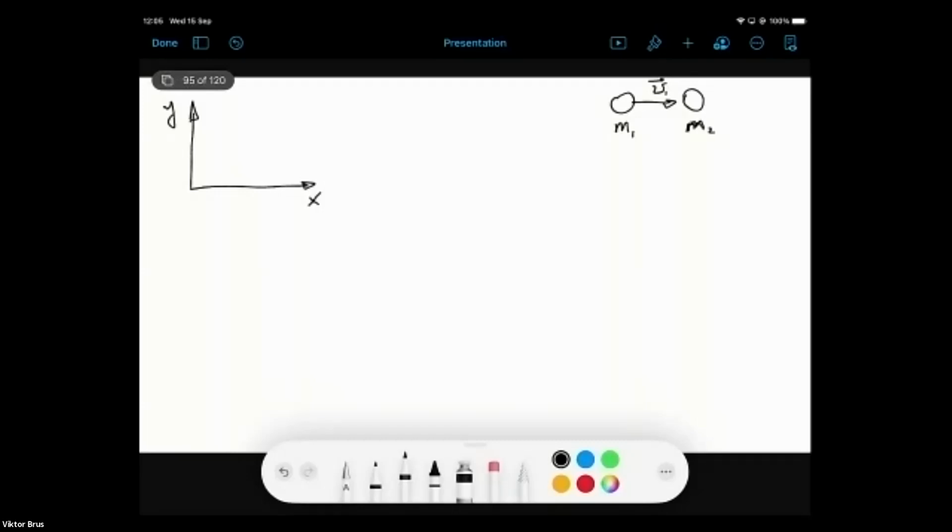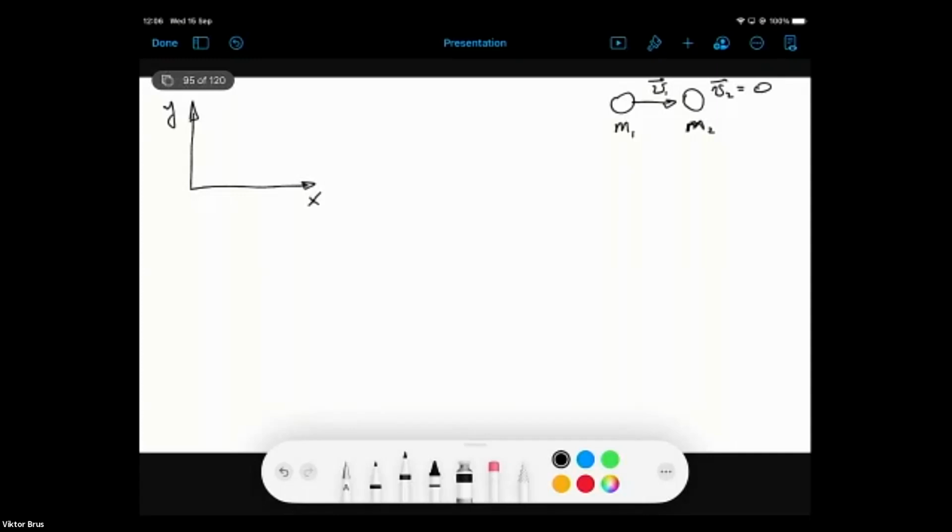So it doesn't move, so V2 is equal to 0. So after collision, we need to consider which velocities both bodies will have and how they will be related to the angles of their velocity vector orientation.